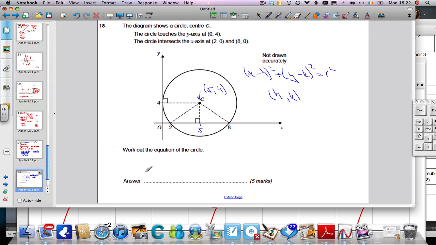So the equation of the circle is going to be x minus 5 squared plus y minus 4 squared, and that must equal the radius squared, and the radius we said is 5. 5 squared is 25. That's for 5 marks. I said lots of different things you can do, and here you can use Pythagoras and all these other methods of doing it, but it's actually quite straightforward.